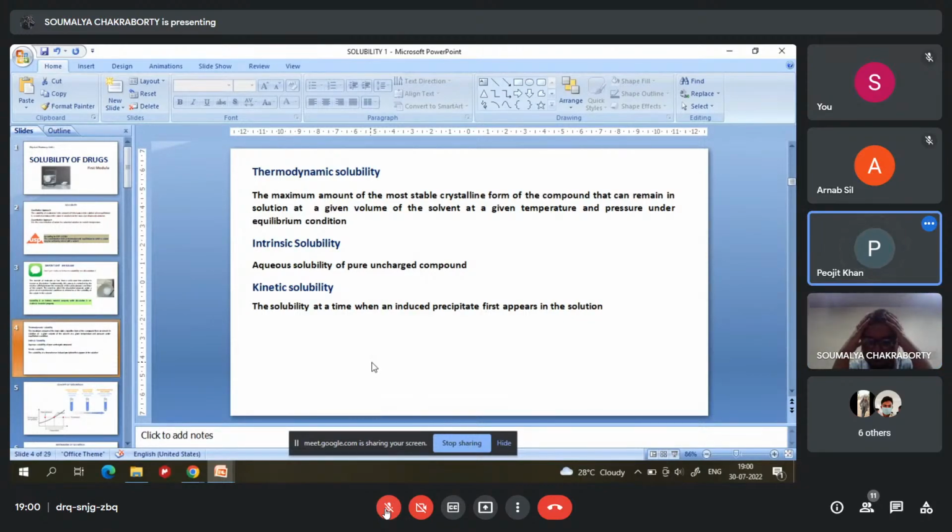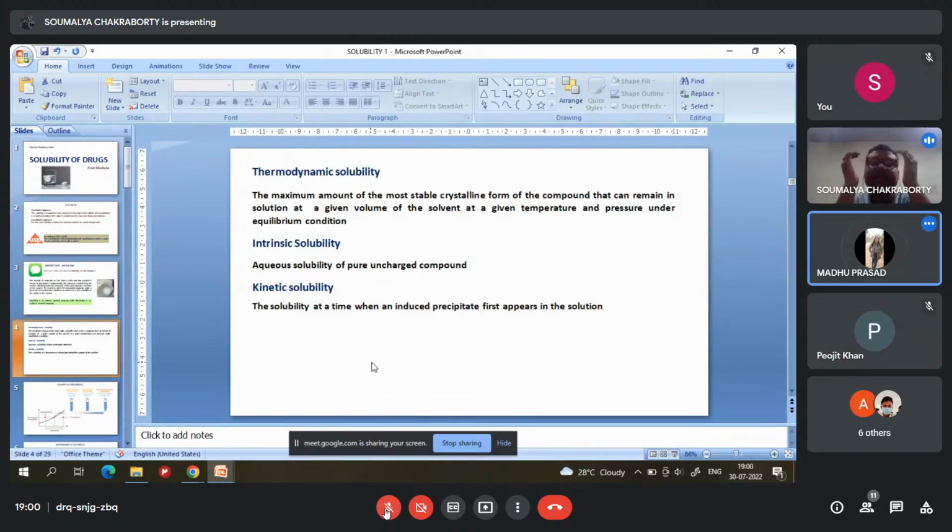Yes, sir. Kinetic solubility is time dependent solubility. What we do here, we take the solute and dissolve it in an organic solvent in which it is highly soluble, maybe DMSO, methanol or some other organic solvent. Then we gradually add it to water under stirring condition at a particular temperature.